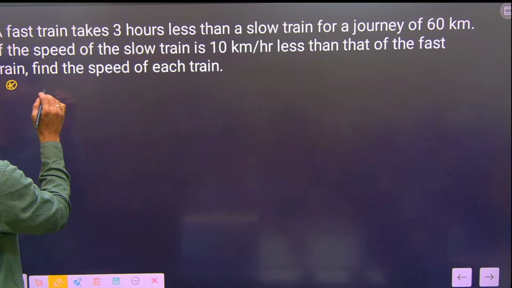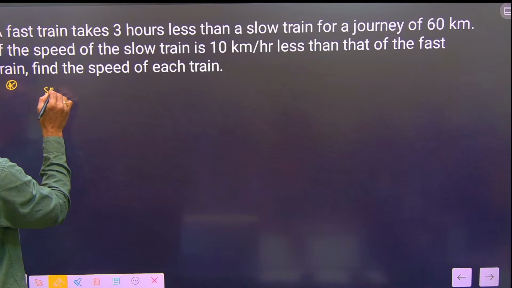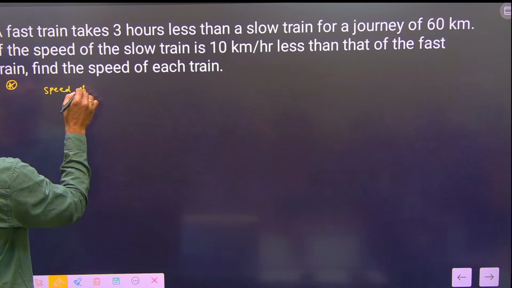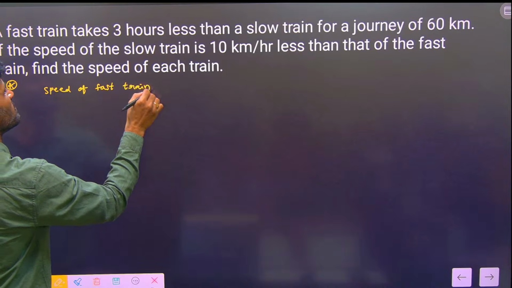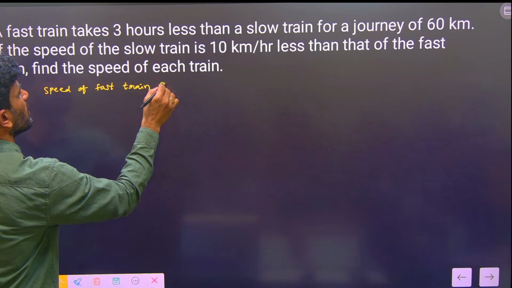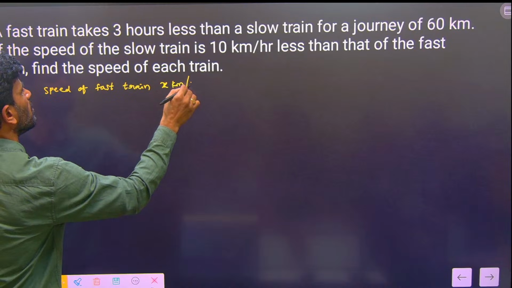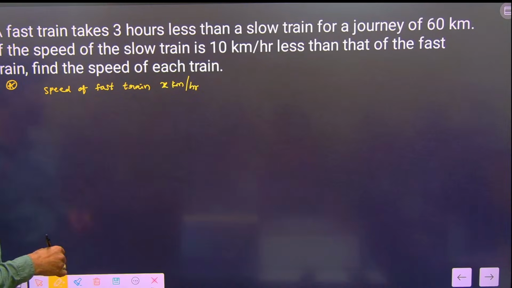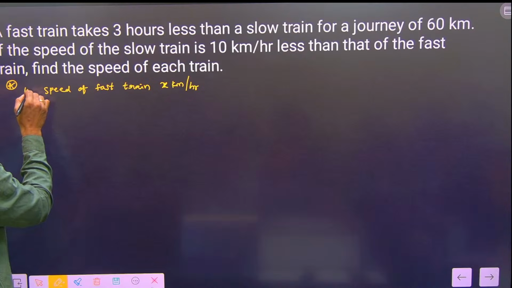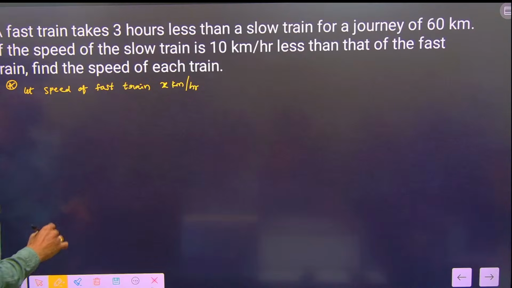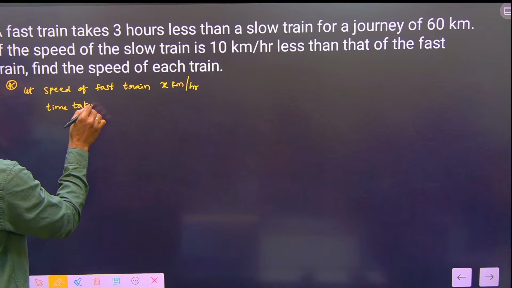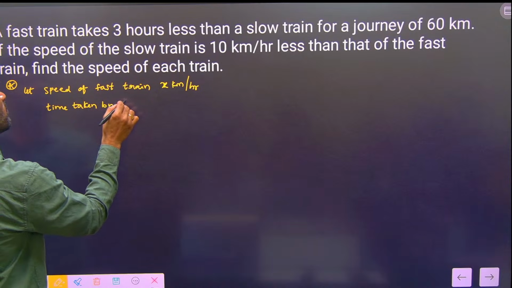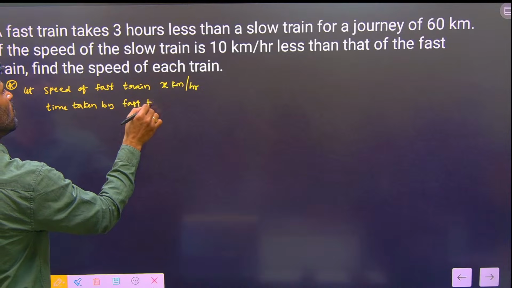So we will take the speed of the fast train first. Let the speed of the fast train be x kilometers per hour. What is the time taken by the fast train now? Time taken by the fast train: the formula is distance by speed.